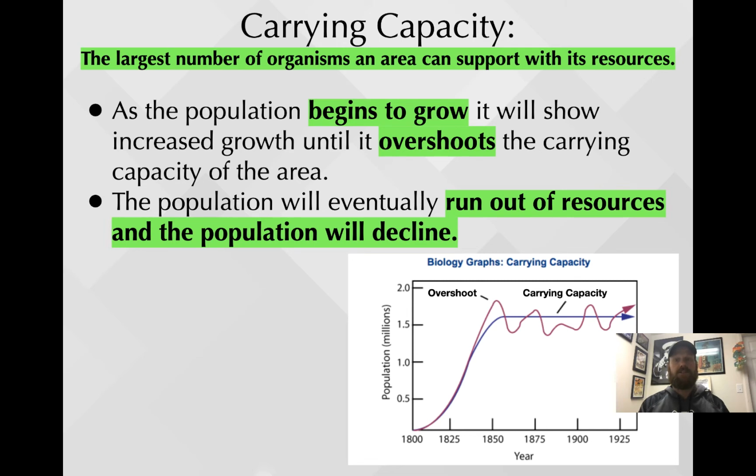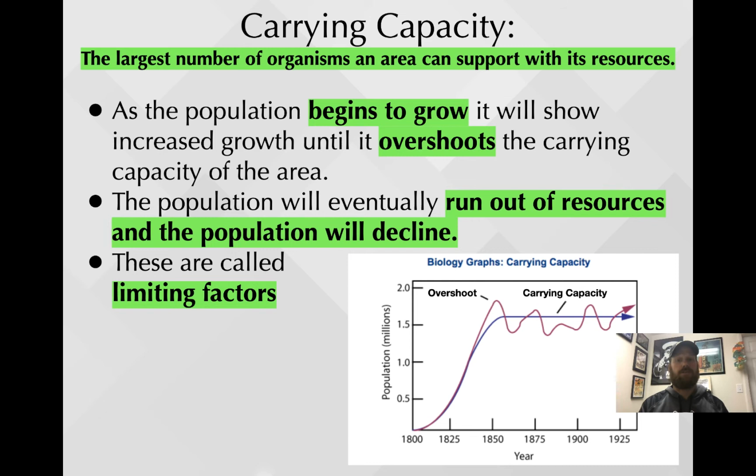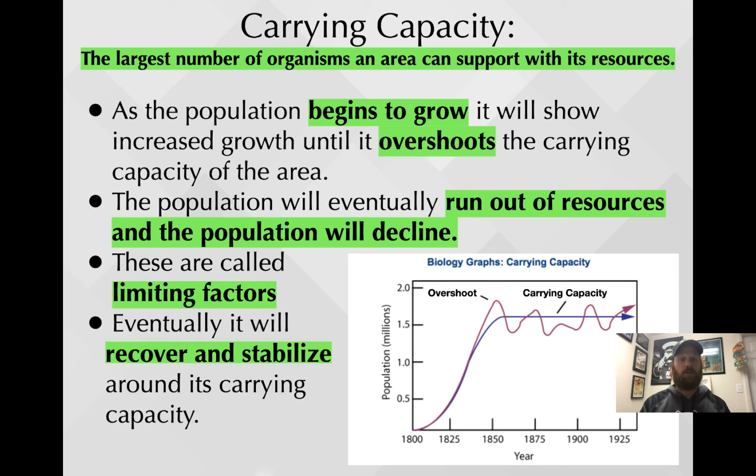Inevitably, this leads to the death of organisms and the population declines. An environment's ability to sustain a population of organisms depends on certain limiting factors. Eventually, populations of organisms recover and stabilize around these limiting factors. This graph here shows a population overshooting the carrying capacity of the ecosystem and then adjusting to the limiting factors of the environment.